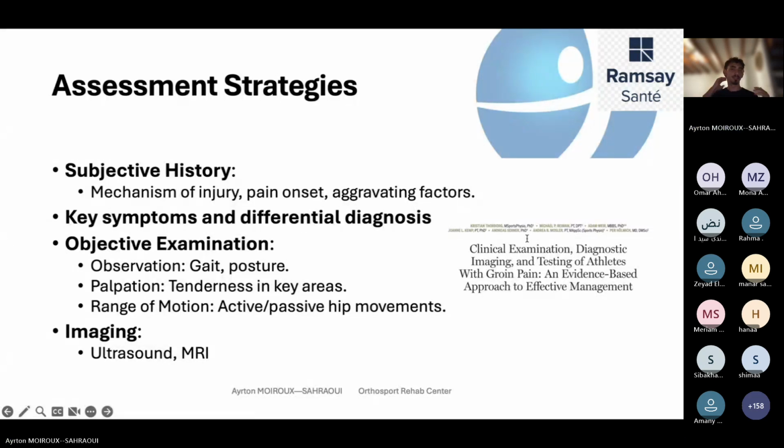So you need to know when the pain occurs and when I see the athletes during their season.